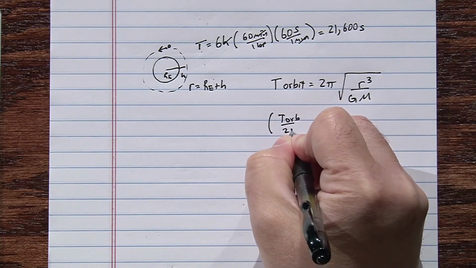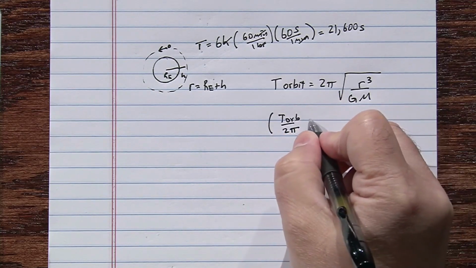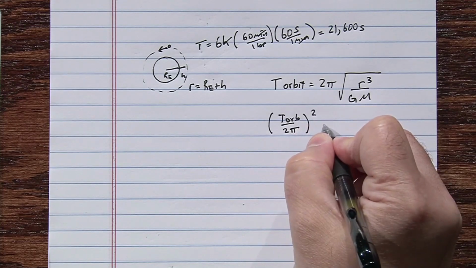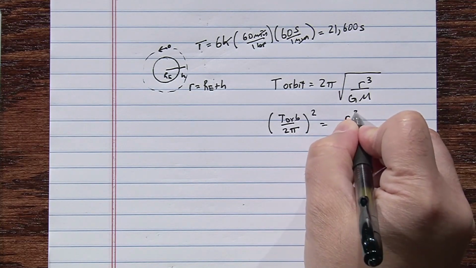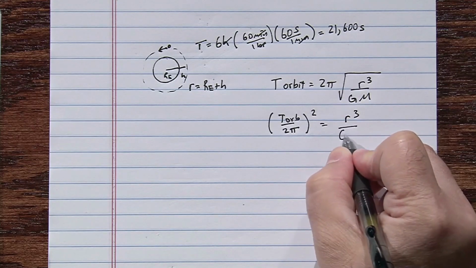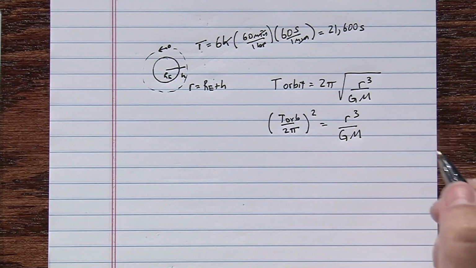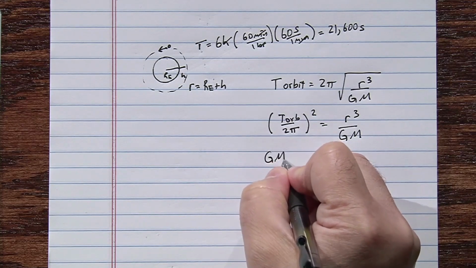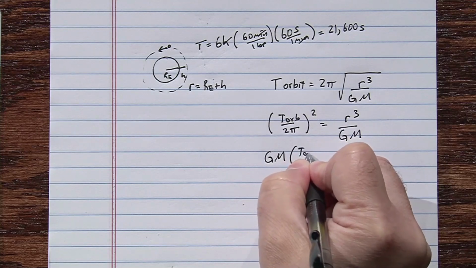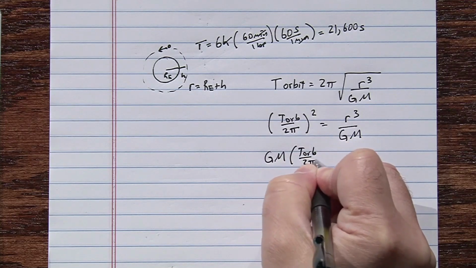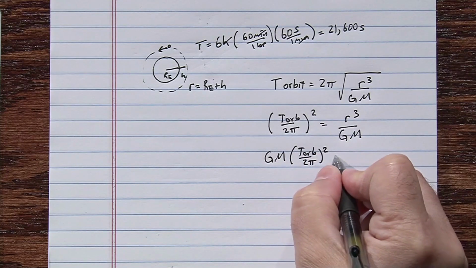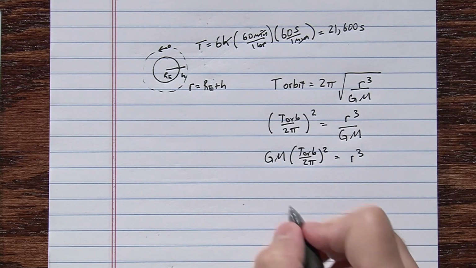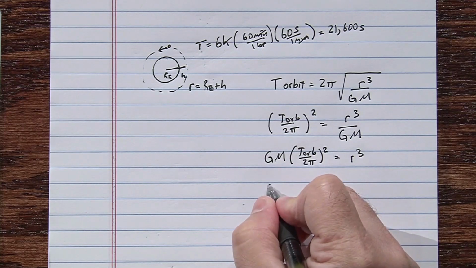So T orbit divided by 2 pi, squared, is equal to radius cubed divided by big G times big M. And so big G times big M times T orbit over 2 pi squared is equal to R cubed, and we'll just have to take the cube root of everything to get R.